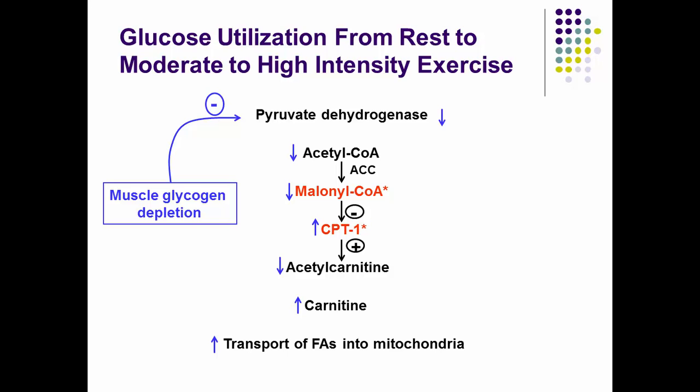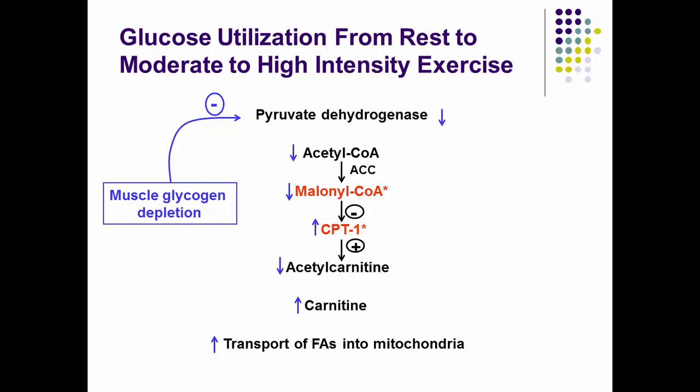So what happens to the following pathways if pyruvate dehydrogenase activities decrease? We have less acetyl-CoA being generated from pyruvate, and this will also lead to decreased production of malonyl-CoA by ACC. And remember, malonyl-CoA is a key substrate we mentioned many times before.